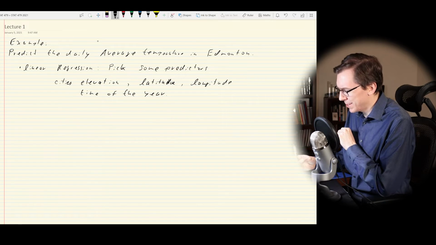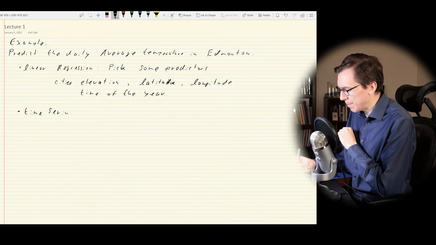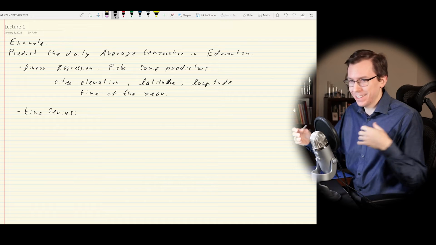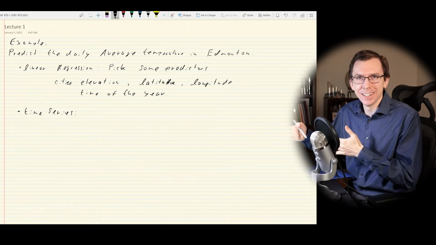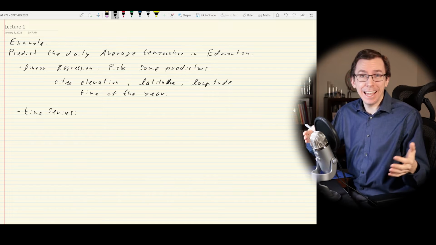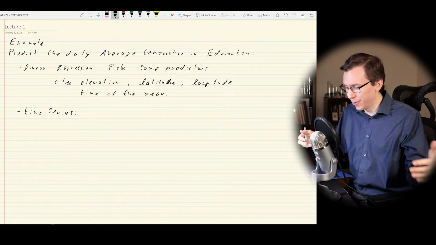But if we're in a time series context, perhaps the best thing we have to predict what the average temperature will be tomorrow is the average temperature today and that of yesterday and the day before.